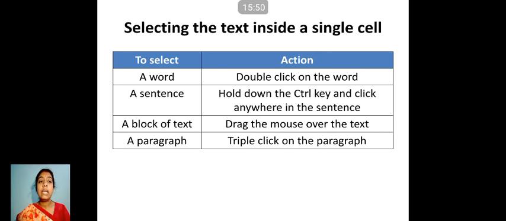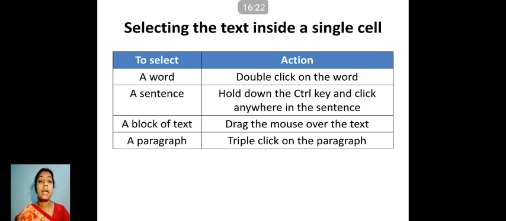You can double click on the word and that particular single word will be selected. If you want to select a sentence, then first hold down your Control key from your keyboard and click anywhere in that particular sentence.